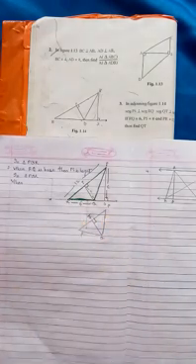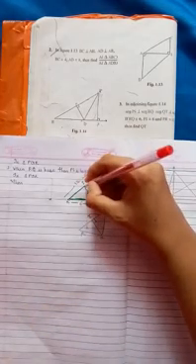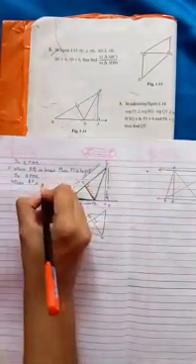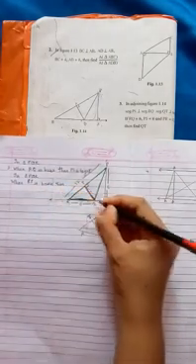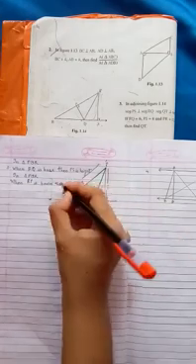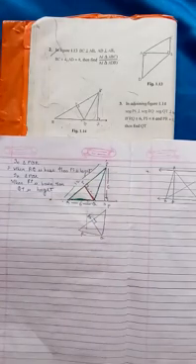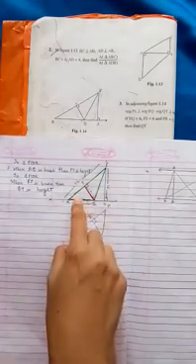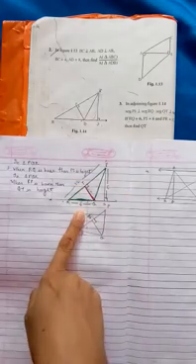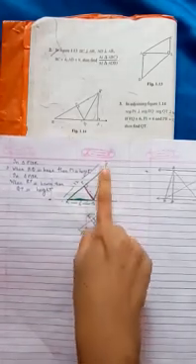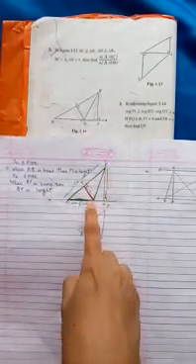Now if I take this as the height, the base is going to be RP. So when RP is the base, your height is QT. Clear? Triangle PQR is taken in two ways, one with base RQ and one with base PR. When RQ is the base, the height is PS, and when PR is the base, the height is QT.